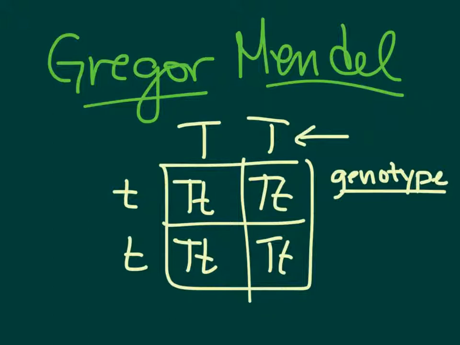Homozygous meaning the same zygote, so the same things. The genotype of all of the offspring, we can do a ratio. He loved his statistics, so he said 4 of 4 would be capital T, lowercase t. That's its genotype ratio. 4 of 4, capital T, lowercase t.